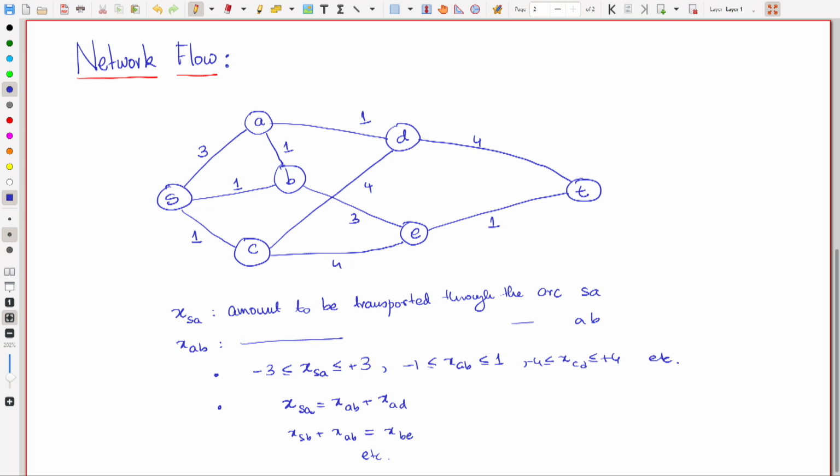So, you can't send 3. These two will definitely put a constraint that you cannot send more than 2 on this. So, that much capacity will be redundant.